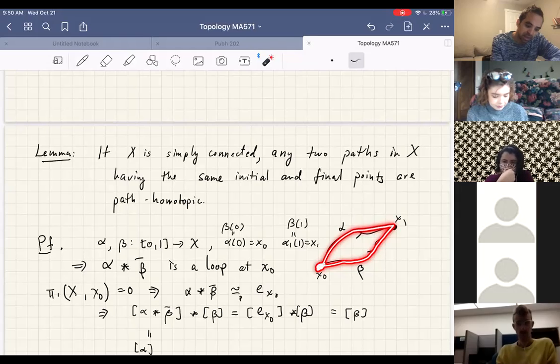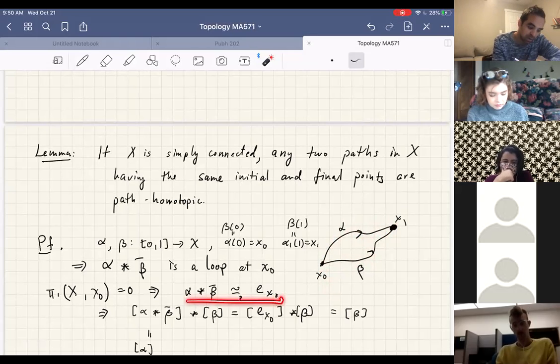Since your space is simply connected, that loop is contractible. You can contract it to the constant path at x0. So that loop, alpha and then the inverse of beta, is path homotopic to the constant loop.